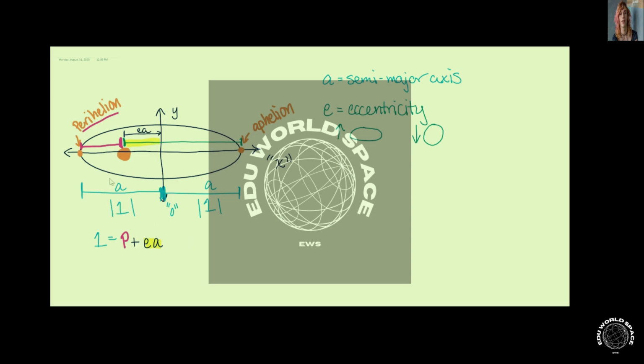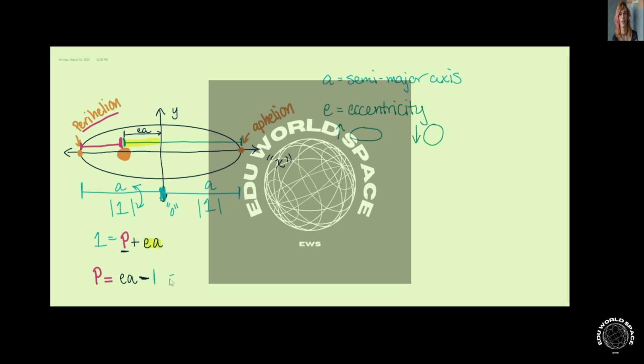Now, if we rearrange this, we want the definition for perihelion. So if we rearrange it, our perihelion will be equal to this one value minus the EA value. And that one value, if you remember, is our A. These are the same thing. We're just making the math easier for ourselves.